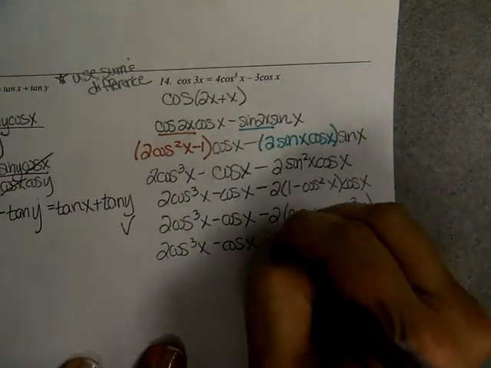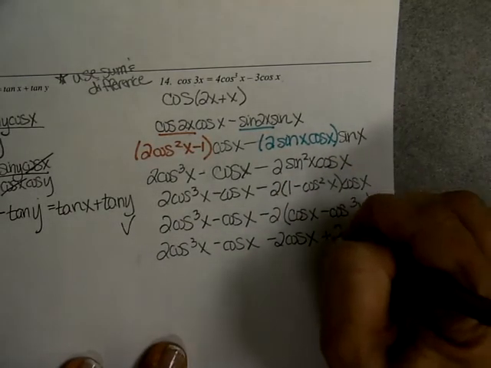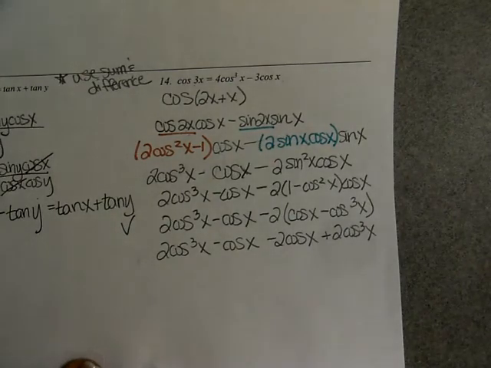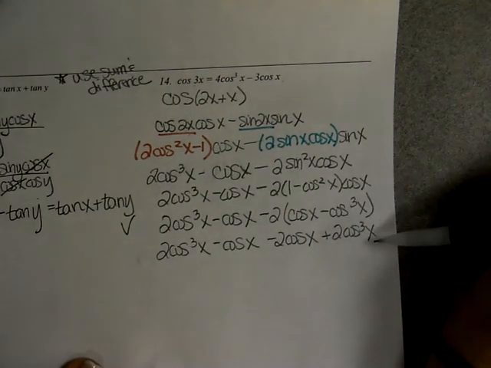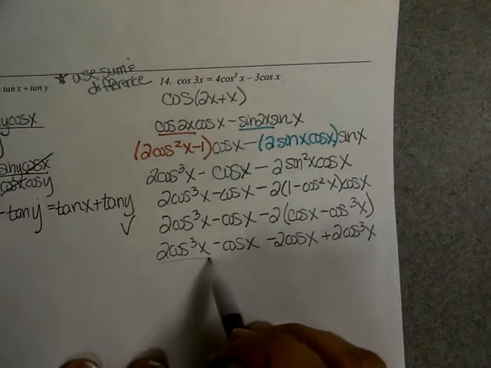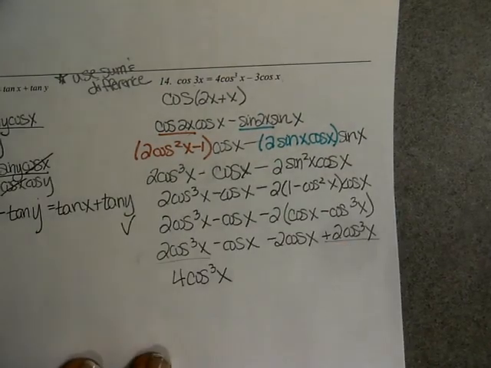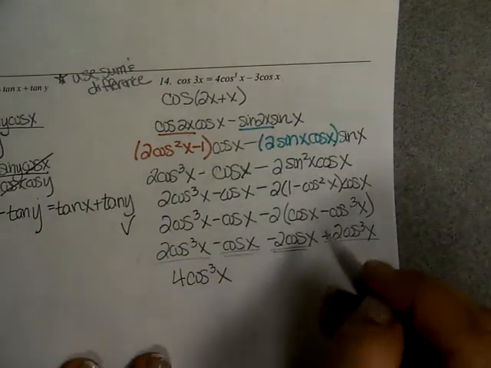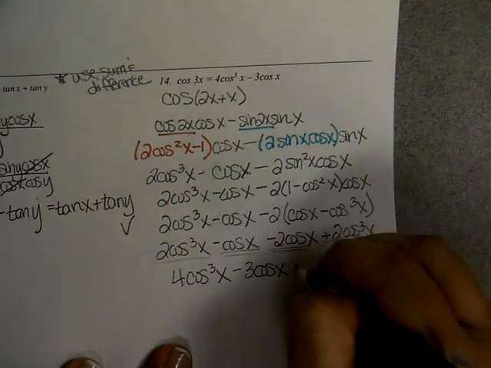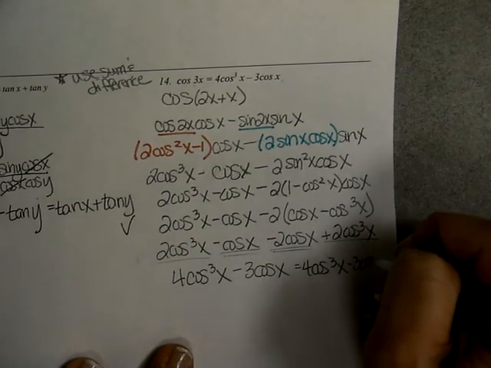So distributing the negative 2, I get negative 2 cosine x plus 2 cosine cubed x. And look, now we finally only have cosines, and let's see what happens when we combine like terms. Putting these together, I get 4 cosine cubed x, and putting these guys together, I get minus 3 cosine x. Oh, and yay, thank goodness, that is what we wanted.